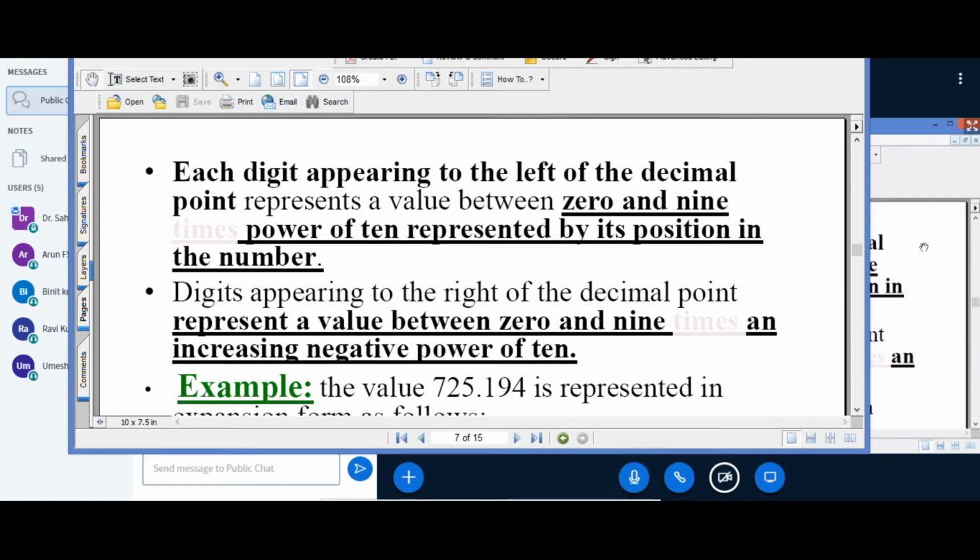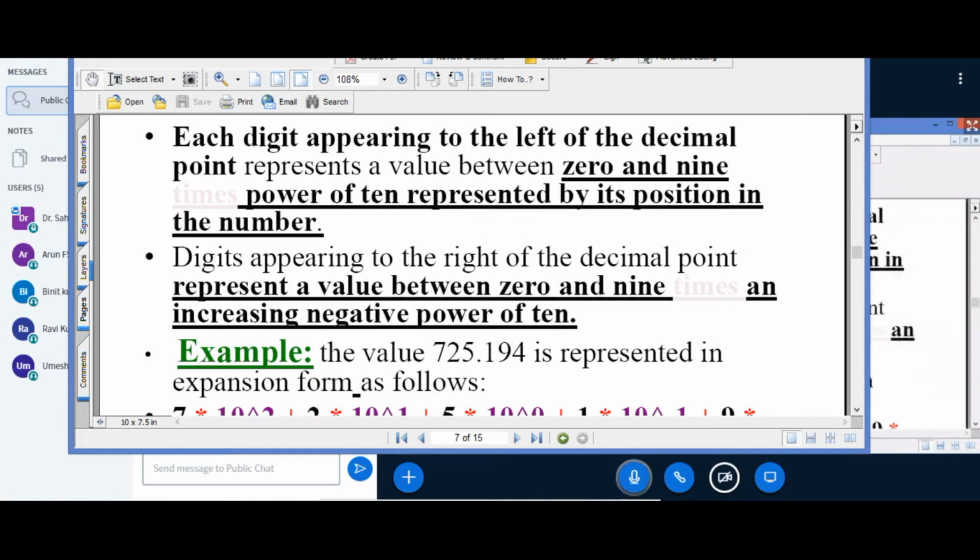The digit appearing to the right of the decimal point represents a value between 0 and 9 times an increasing negative power of 10. So the positive power is to the left of the decimal point, and the right of the decimal point is the negative power.